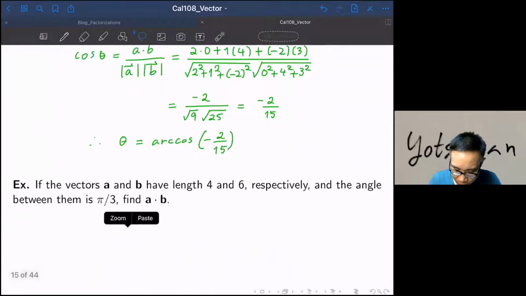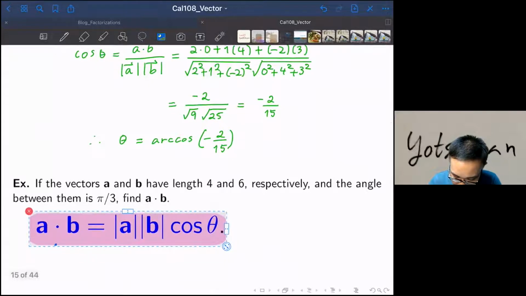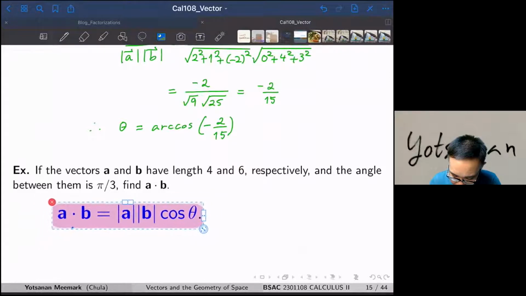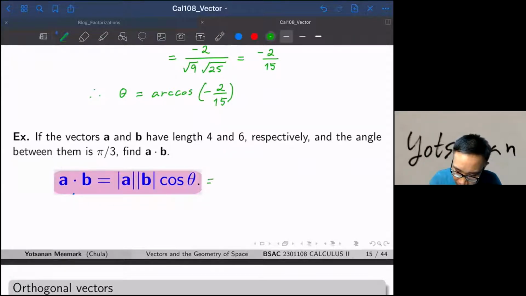I'm going to copy this down here. So we have A dot B equal to this. You just plug into the formula: norm A equals 4, norm B equals 6, theta equals pi over 3.